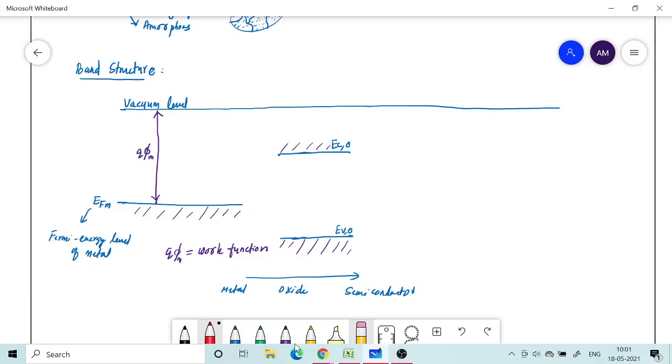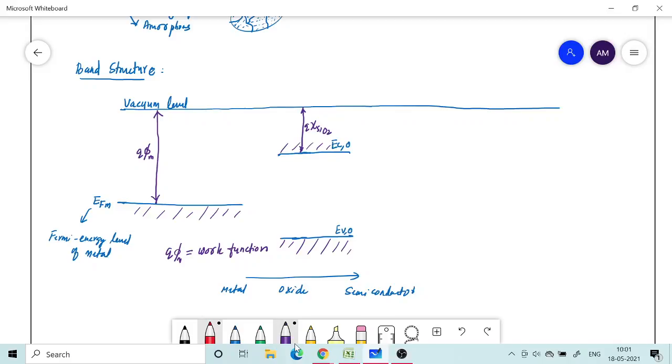And you can also define what is called electron affinity, which is defined by this quantity q chi SiO2. This is basically something like the work function. Electron affinity is the energy required to raise the electron from the bottom of the conduction band, that is here.